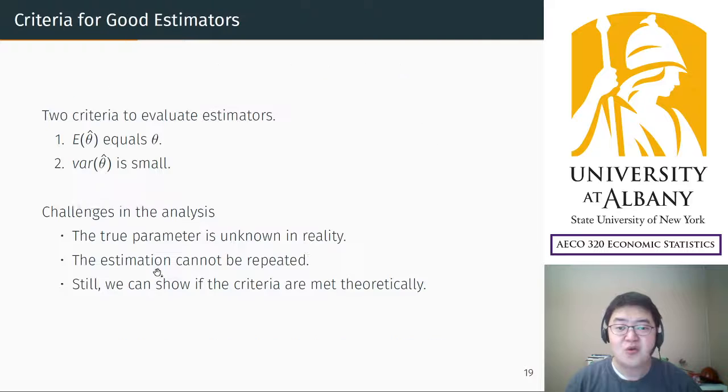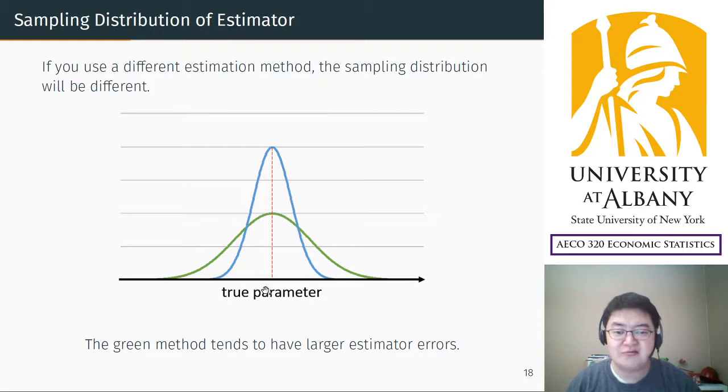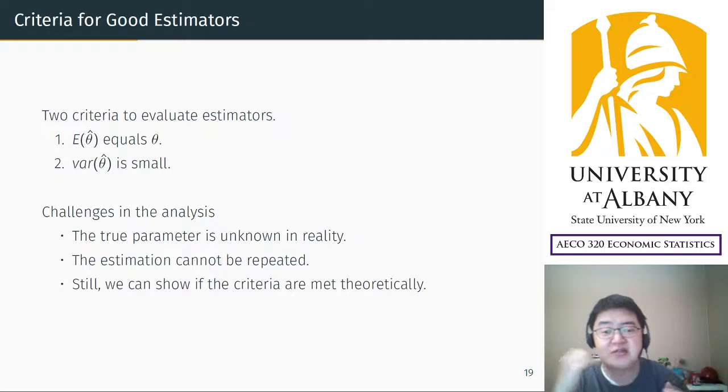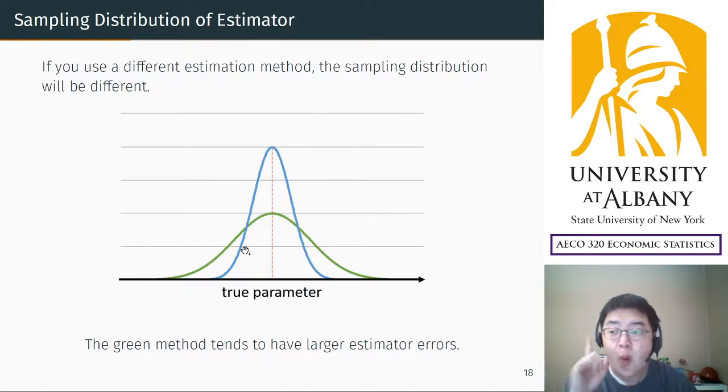So you cannot fix where the true parameter is. And also, the estimation cannot be repeated. Theoretically, hypothetically, you can imagine random sampling again and again, but in practice that's not possible. So what you have is just one observation from this distribution. You cannot make any distribution from repetitions.